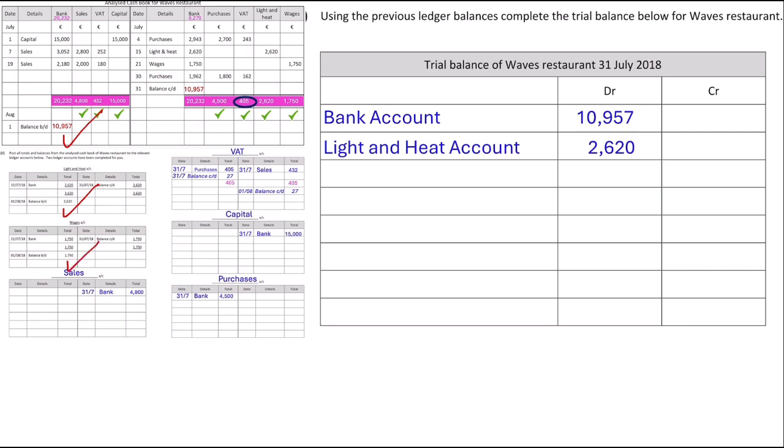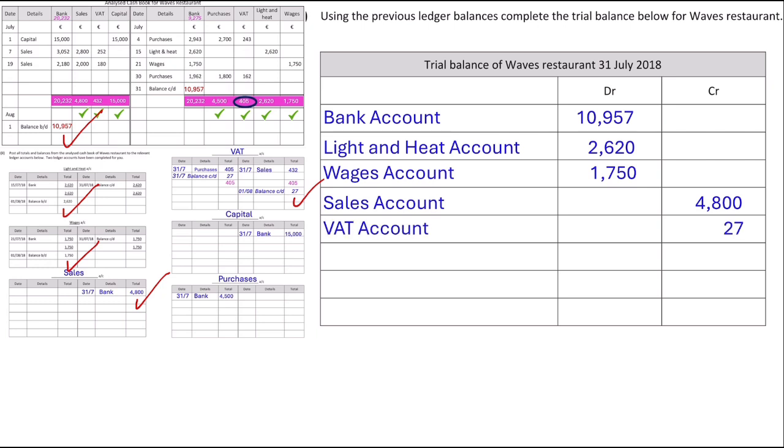The wages was a debit balance, 1,750. Then we have sales, 4,800 on the credit side. Then we have VAT, 27 on the credit side. Then we have capital, 15,000 on the credit side. And then we have purchases on the debit side.